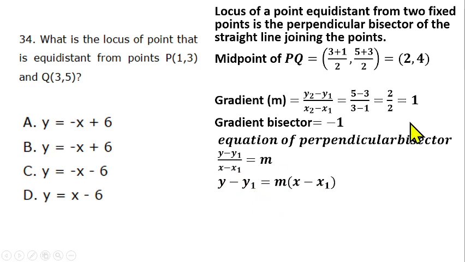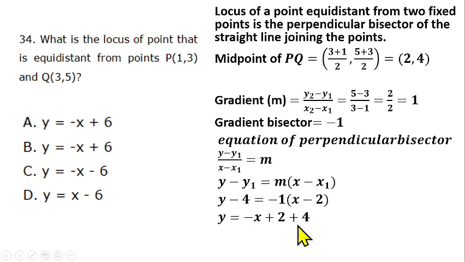So our y1 is 4. If you put that here, you have y minus 4 equals the gradient of the line that bisects the line PQ, which is minus 1, so minus 1 into (x minus 2). If you open this bracket, you have minus x plus 2.